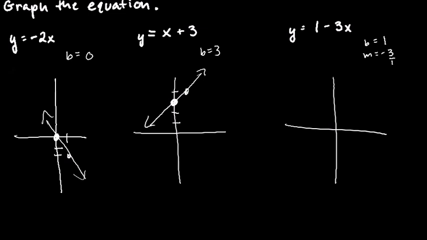I can always put that over 1 so that I know how to move. So I'm going to be starting at 1, going down 1, 2, 3, and right 1. If I'm double checking, my slope is negative and my graph is decreasing from left to right, so it works out.